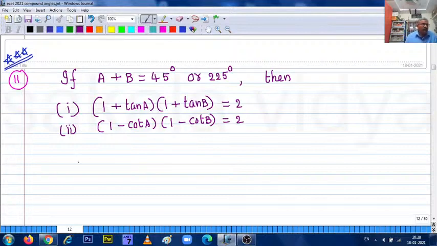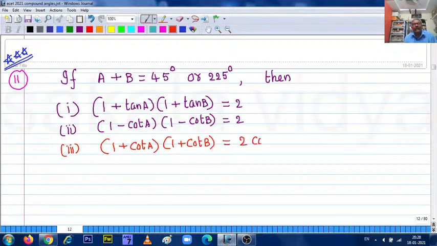But here, one thing you remember, this is very important. I will take another color because it is a special formula. 1 plus cot a into 1 plus cot b equals 2 cot a cot b, you will get it.